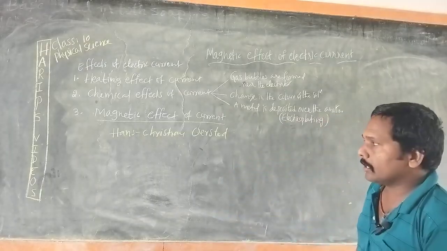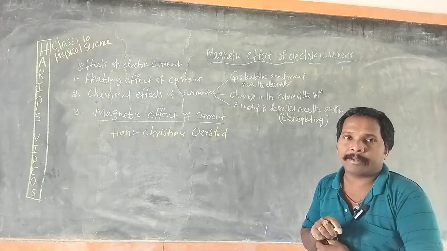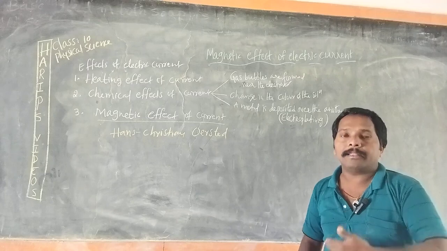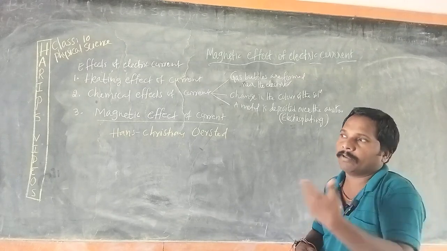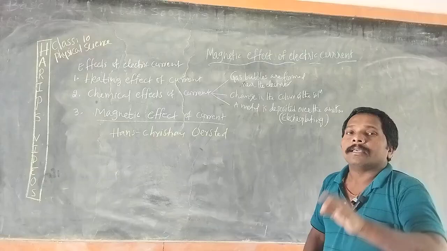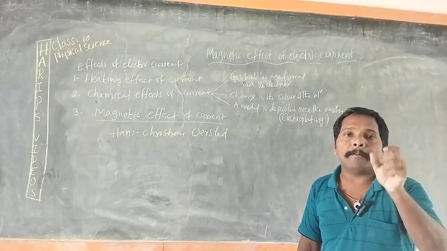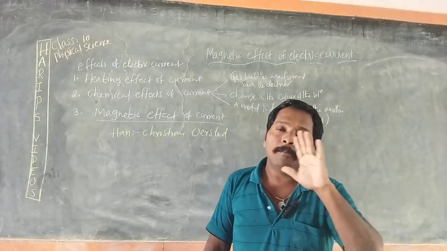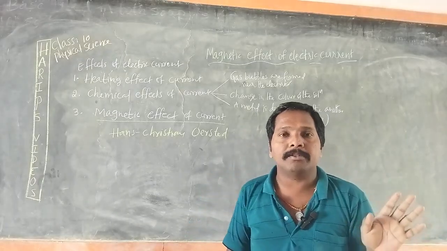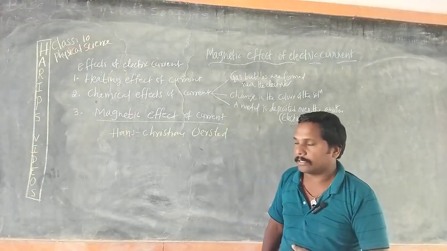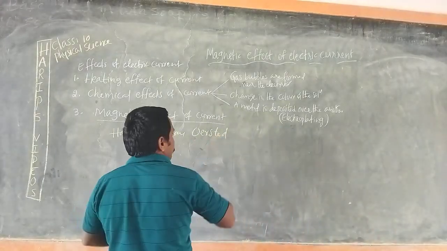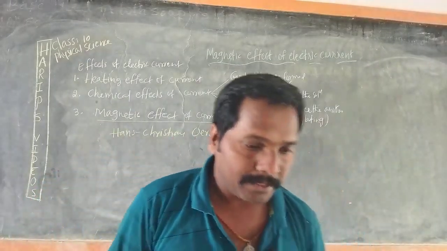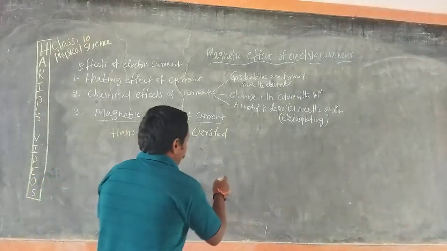Based on that experiment, Ørsted drew one very important conclusion: there is an interconnection between magnetism and electricity. Before 1820, it was believed that there is no interconnection between electric current and magnetism. So Hans Christian Ørsted conducted a simple experiment.